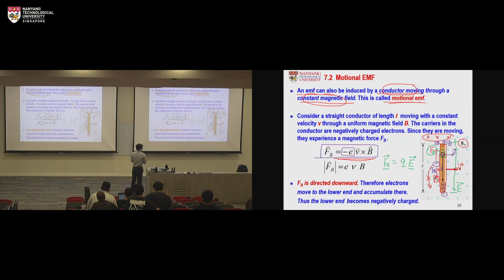Because this is the relation between these two, electrical field E and electrical force Fe. Until this point, is it clear? There will be an Fe pointing up, right?